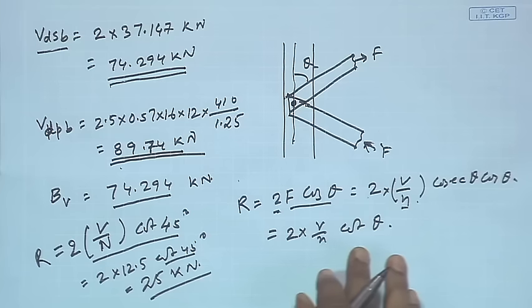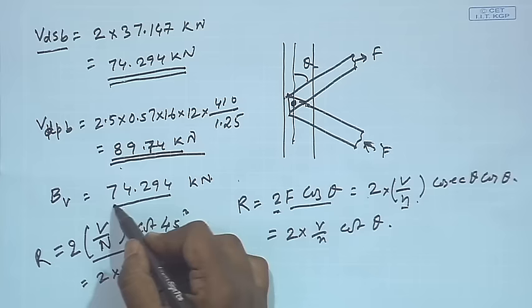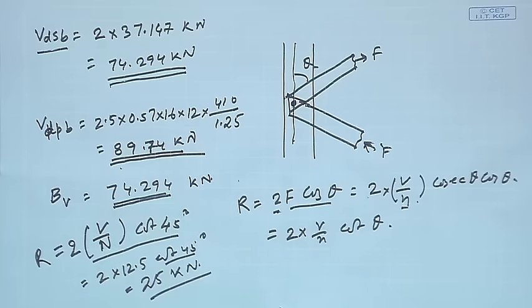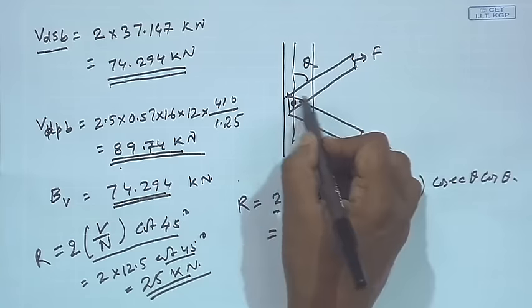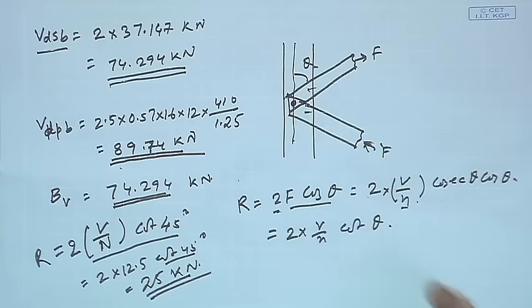Remember, this is different from the earlier one. In case of the earlier orientation, our bolt value was different because of the single shear and the resultant force was also different, because here resultant force will be the cos component of these two forces, right.